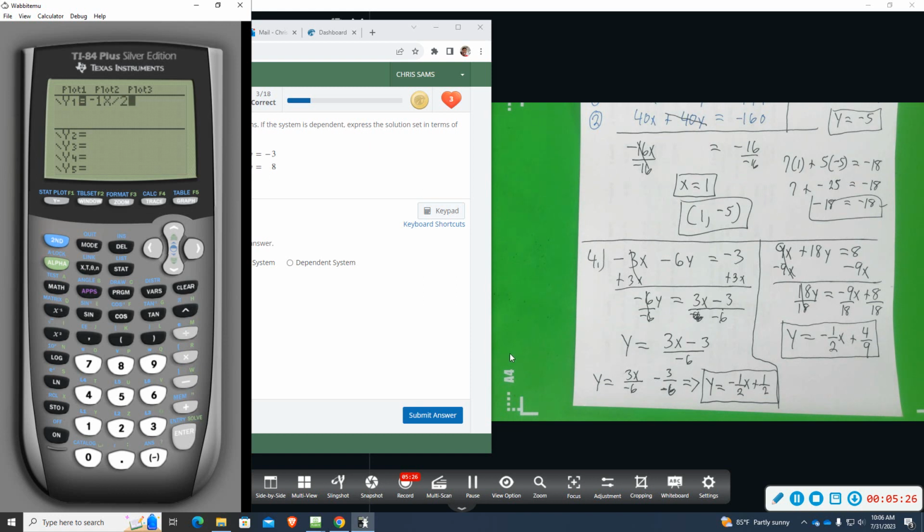So that's negative 1/2 x plus 1/2. Okay, so that's equation number 1. Enter, go to the next line. Equation number 2, negative 1x divided by 2. So same slope. And then the intercept this time is going to be plus 4 divided by 9. All right, I'm going to hit graph.